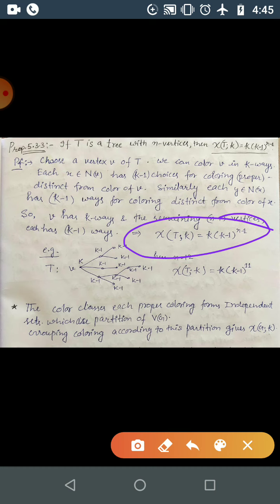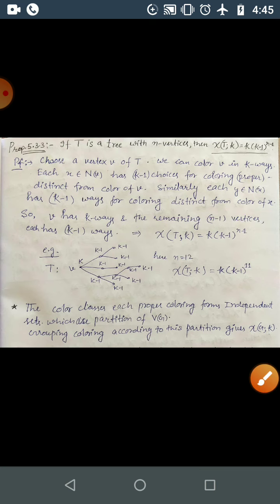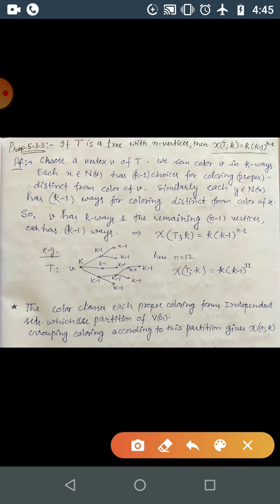Now we have color classes we have done. So all the same color vertices form a color class, correct? So color classes are obviously independent, that's why they are being colored with the same color. Independent means non-adjacent, they must be non-adjacent. So in each proper coloring, color classes are independent sets, okay?